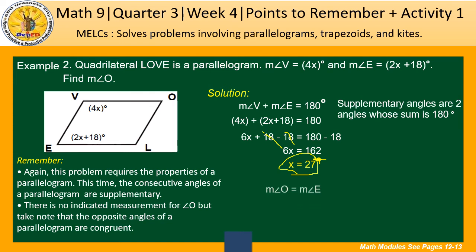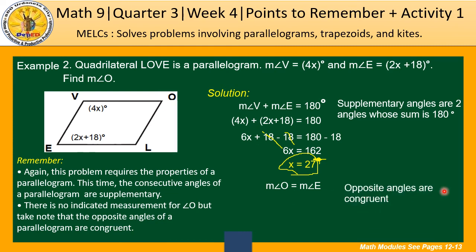We will now solve for angle O, which is congruent to the opposite angle. Angle O is the opposite of angle E, therefore they are congruent, and if they are congruent, they have equal measure.